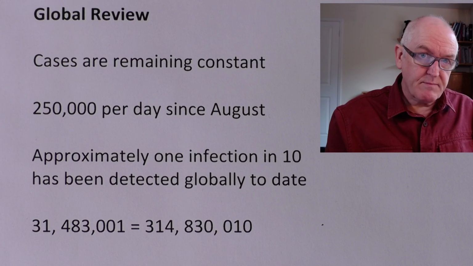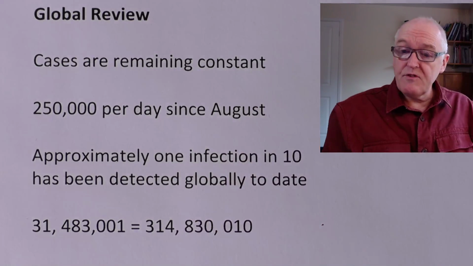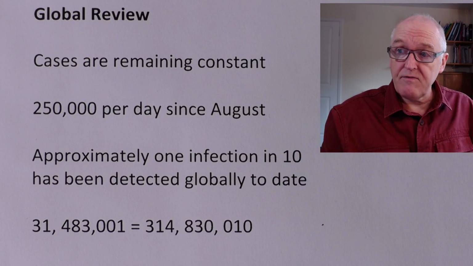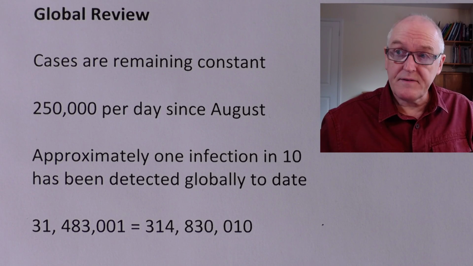This means that because many are not diagnosed by testing, the actual number of people who've had COVID-19 so far is 315 million people. And even that could be an underestimate, because in some countries testing's good, in other countries it's not so good, as we know. But that's their estimate for the whole pandemic so far.